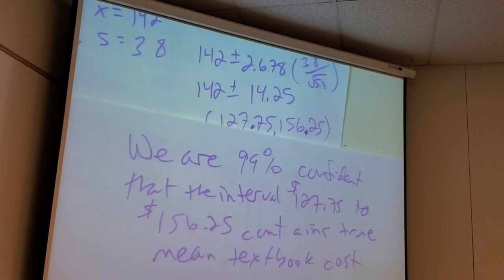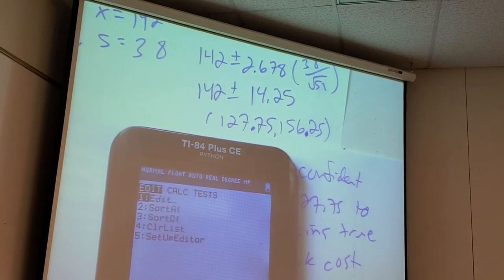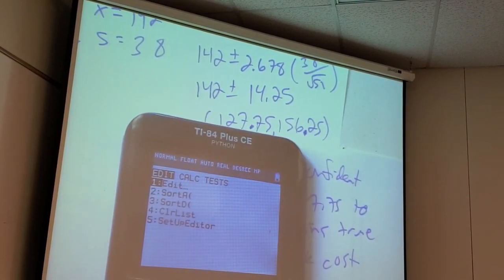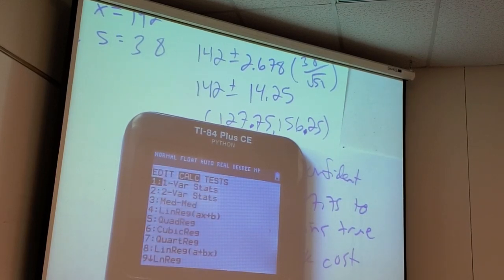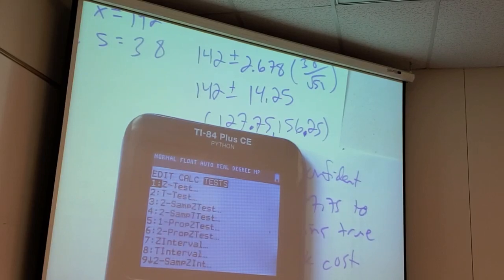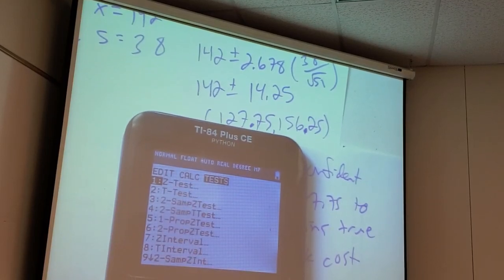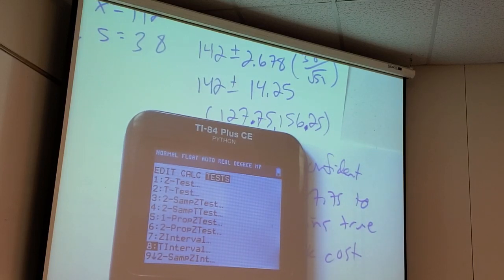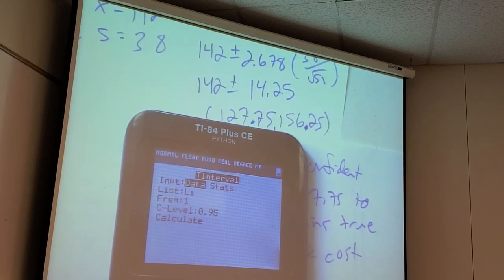Let's see, watch this. If you hit stat, we've done edit, which is where you can sort and put the data in, correct? We've done calc, which is where we can do one variable stats. But we haven't looked at tests yet. So if you go down, look right here, T interval. Do you see that? It asks, do I have a list of data or do I want to plug in the stats?